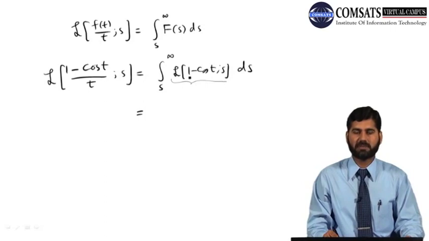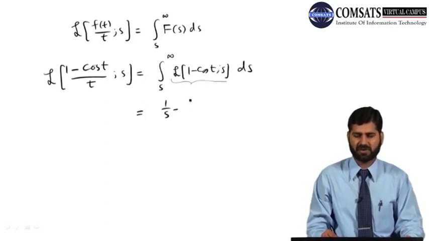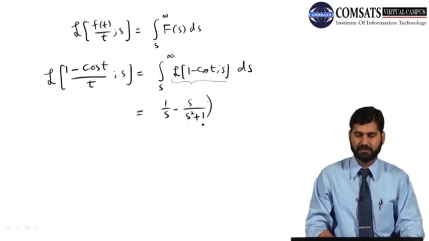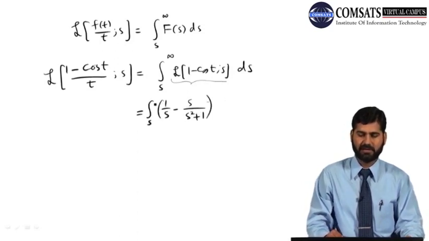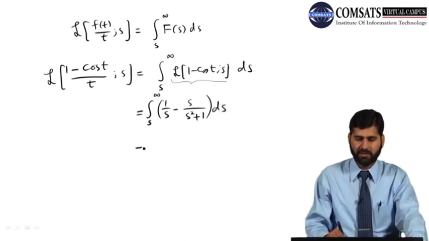So what is the Laplace transform of 1? It is 1 over s. And what is the Laplace transform of cos t? It is s over s square plus 1. So now we need to integrate it.